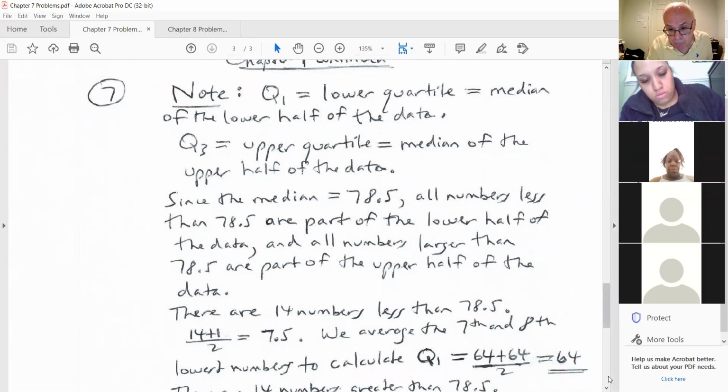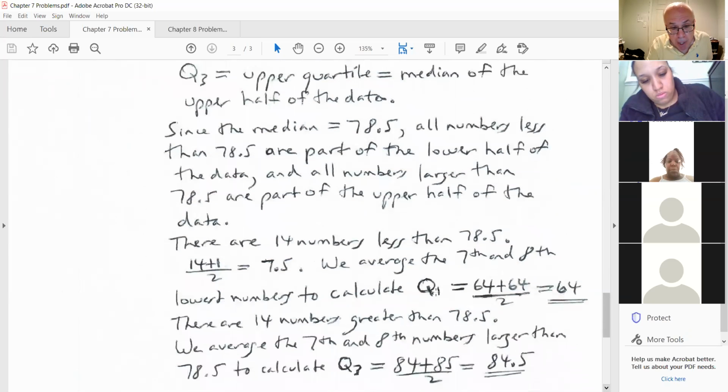It's 64. Now, how do I know that? Because I'm going to use that little formula again. I'm going to add 1 to 14, divide by 2, and it gives me 7.5. The 7.5 tells me that it is the 7th and 8th numbers in the lower half of the data set that I'm going to average.